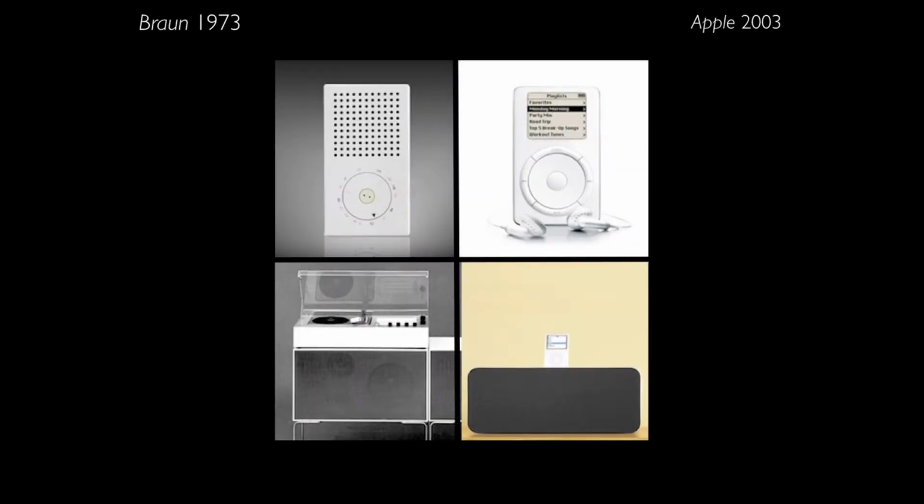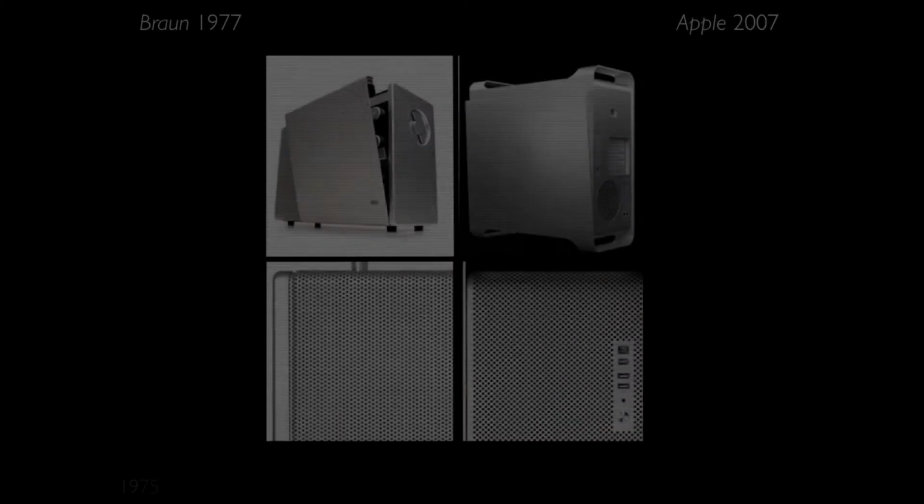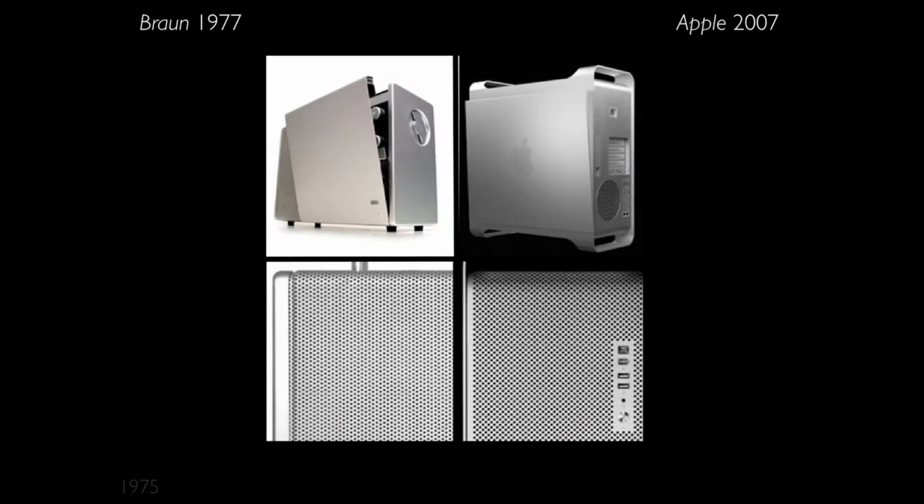Here you can see a Braun product, and here you can see an Apple product. And you know, Apple are completely unapologetic, and they admire Dieter Rams, and they say he is an inspiration, and this is a terrific thing. What goes around comes around.